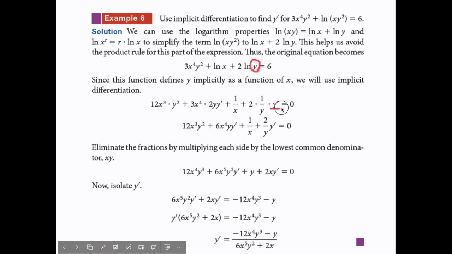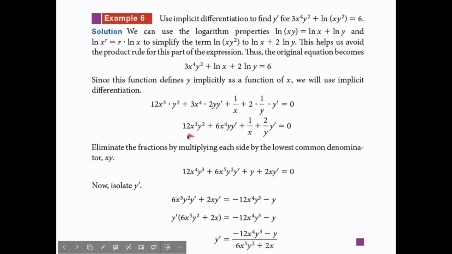We've got to use the chain rule and multiply by the derivative of y. Now, when we clean this up a bit, we get 12x to the third y squared plus 6x to the fourth y times y prime plus 1 over x plus 2 over y prime. And then, of course, we have equals 0 over here.